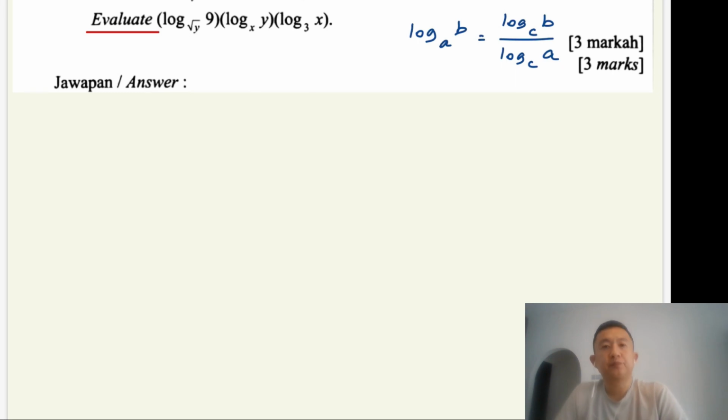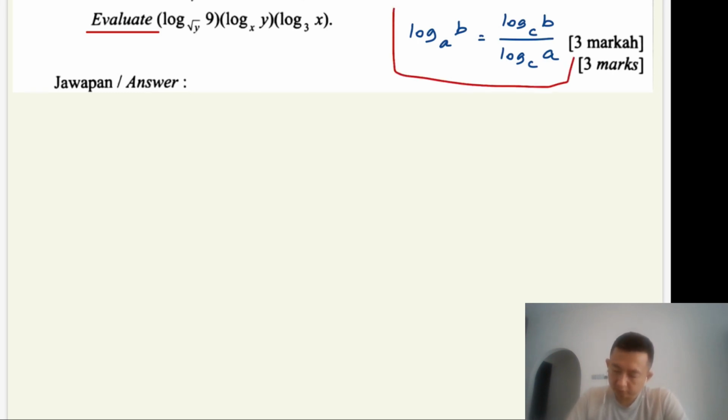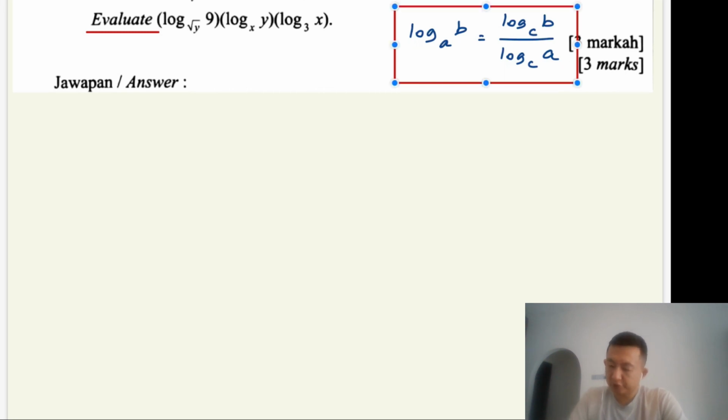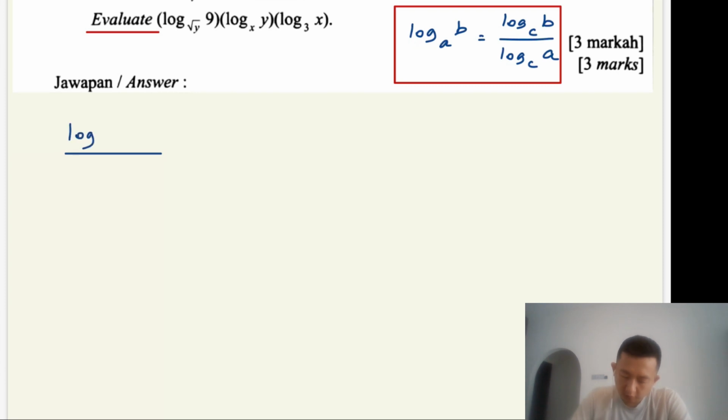Cool. Now we're going to apply this formula by changing to a new base. Let's change this one to base 3. Log base 3, so this one 9. I can put a 9 here, but I'm going to simplify it.